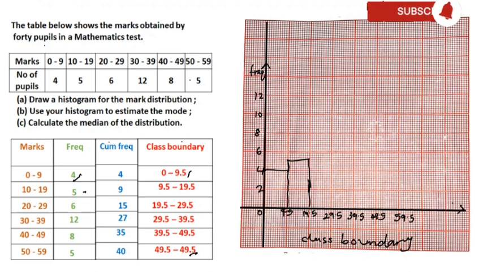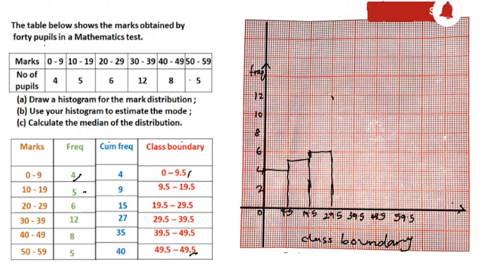Okay. Next, we have 19.5 to 29.5. The frequency is 6. So I'm going to join this way, then this way, then down this way. Then for 29.5 to 39.5, the frequency is 12, which is the longest.